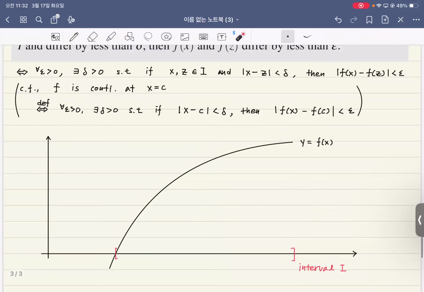To see that, first I need to choose an arbitrary epsilon and see if I can find such a nice delta. Say that the length of this line segment is my epsilon. Can I find such a nice delta?